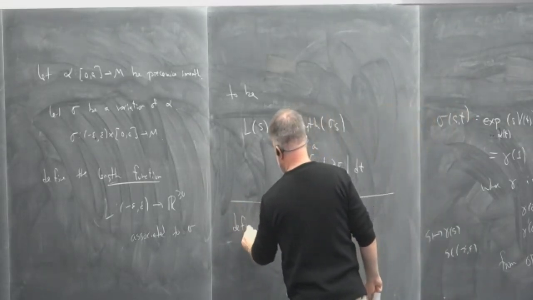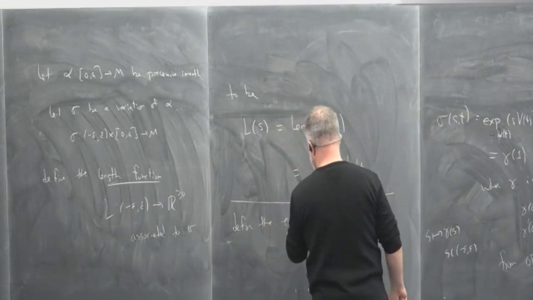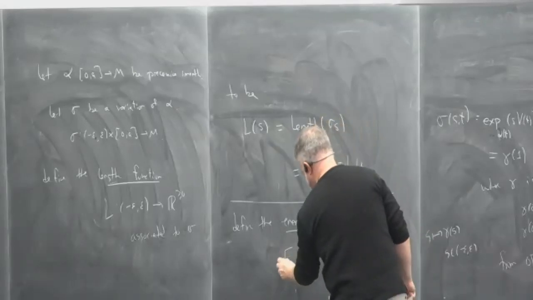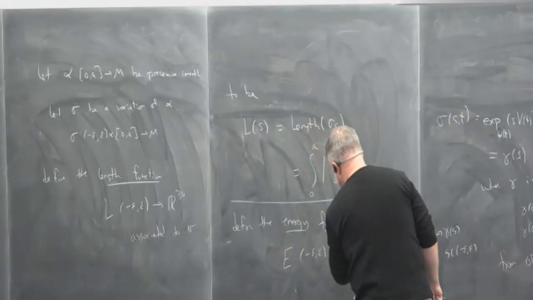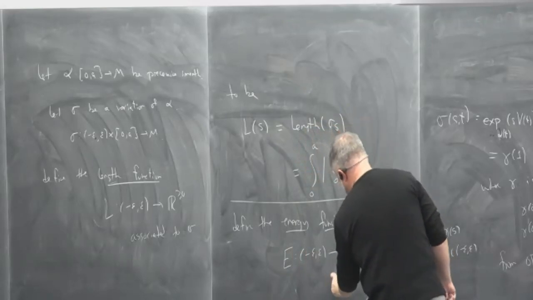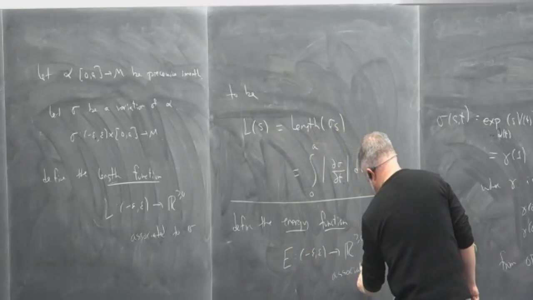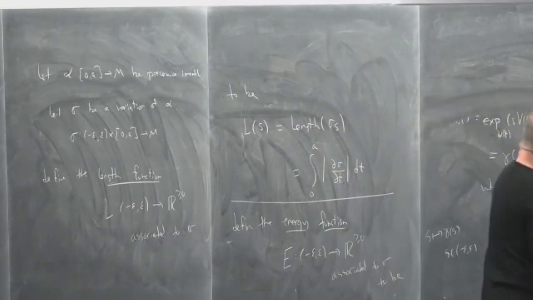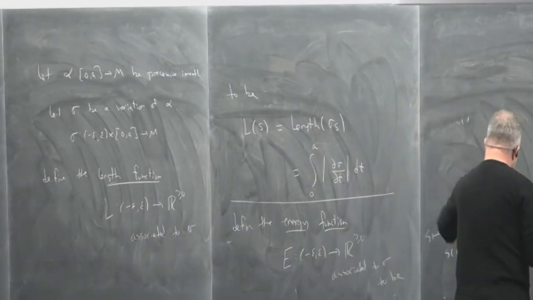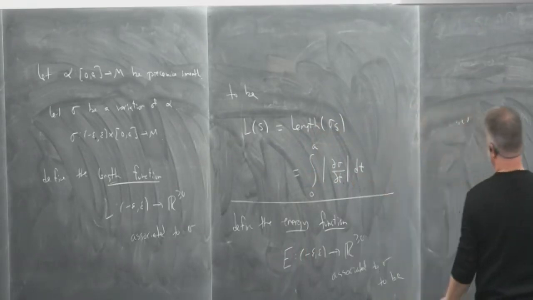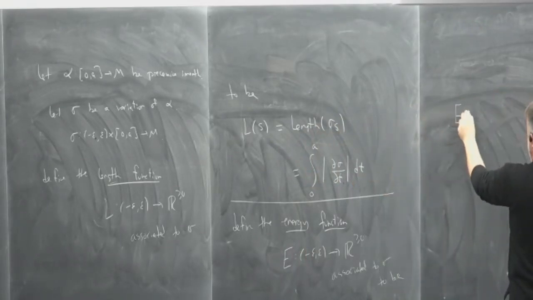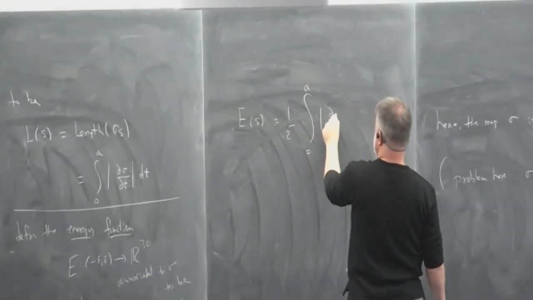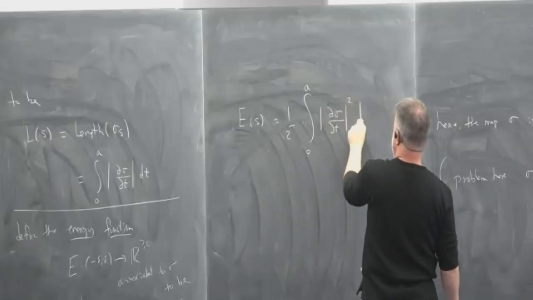Define the energy function E from minus epsilon, epsilon to the non-negative reals associated to sigma to be, instead of integrating the length of the velocity vector, there's a 1/2, and we integrate the length squared of the velocity vector.